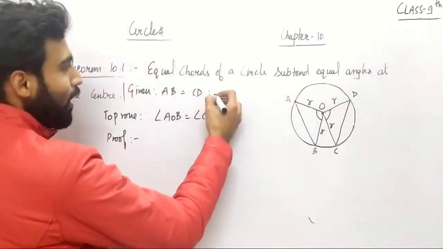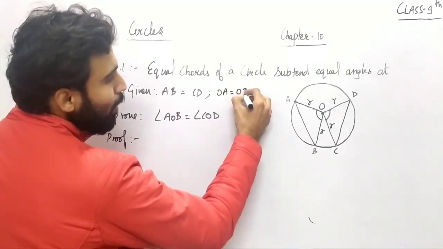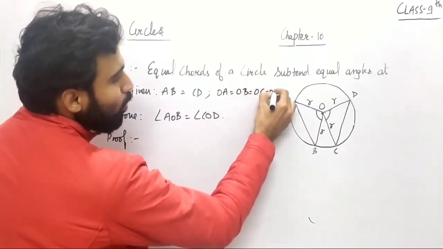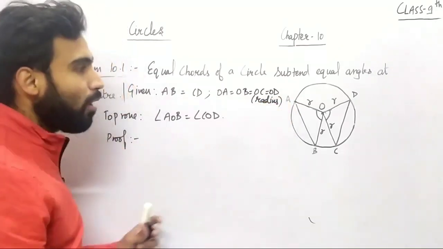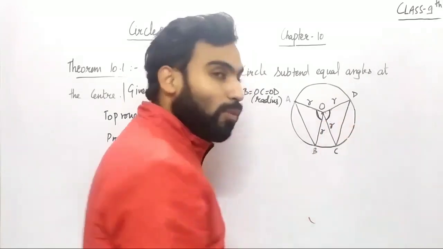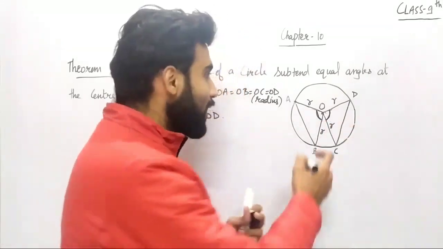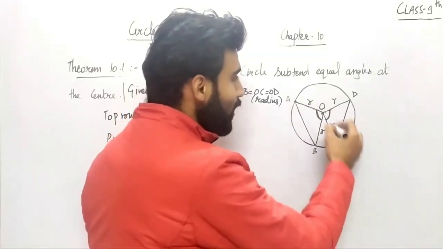So let me also write it here in the given. OA is equal to OB is equal to OC is equal to OD. That is the radius of the circle. Remember this, right? Now starting off here, how will I prove that these two angles are equal? You can see which triangles these two angles are in: AOB and COD, right?